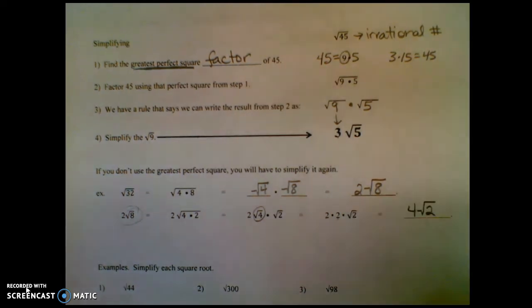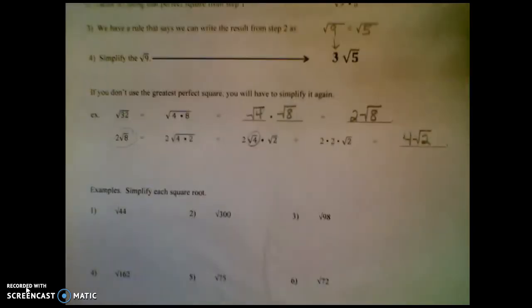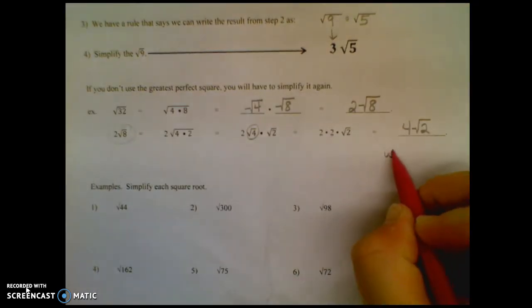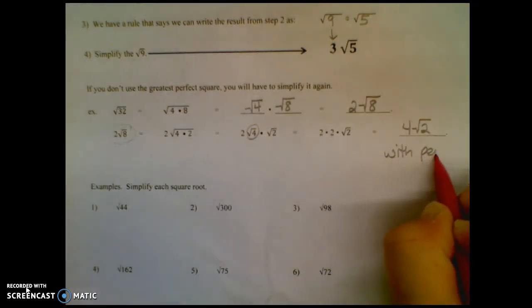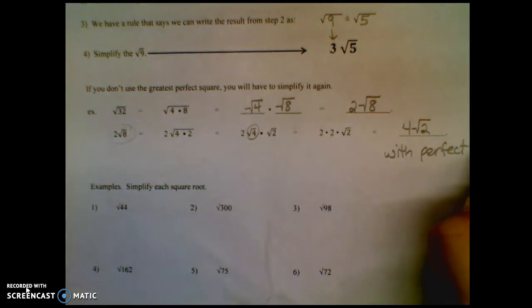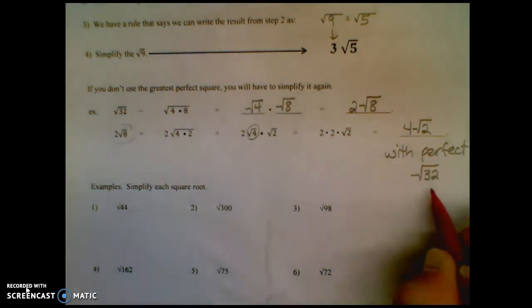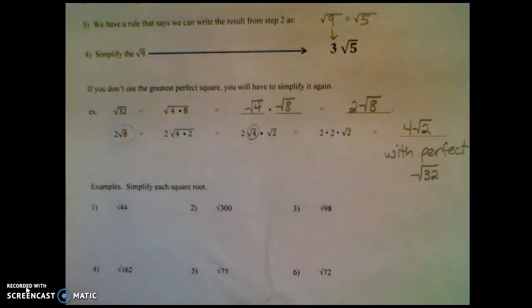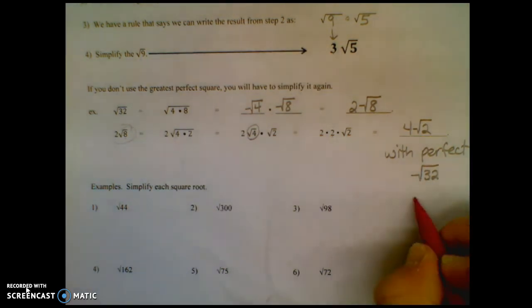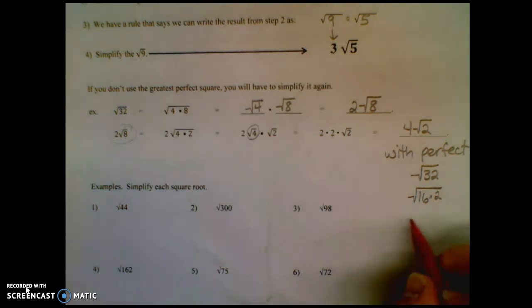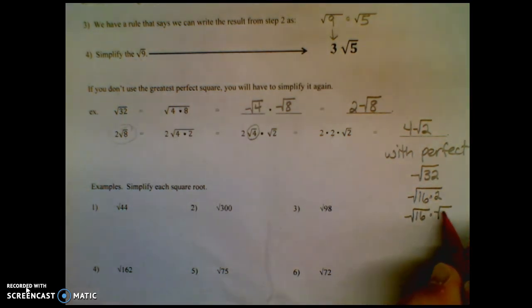It's much simpler if you get the perfect square first. So let me show you. With perfect squares, the square root of 32 is 16 times 2, which can be broken into the square root of 16 times the square root of 2.